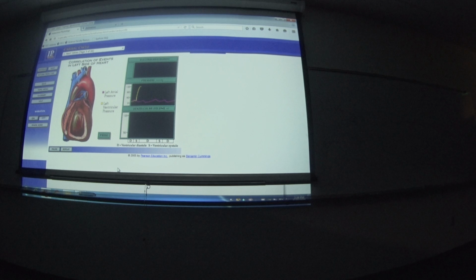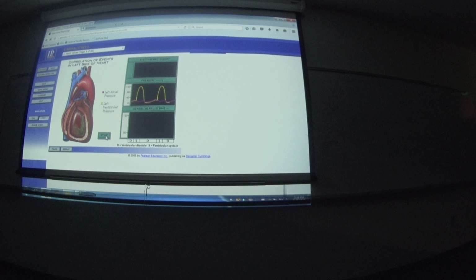I want you to look at two things. Which one's bigger, atrial or ventricular pressure? Ventricle. Why is the ventricle so much taller than the atrium? Bigger contraction, to push blood further. Your atria only have to send blood down 1.5 inches. The ventricles have to pump it to your lungs and your body, so it takes more force. You have to squeeze harder.